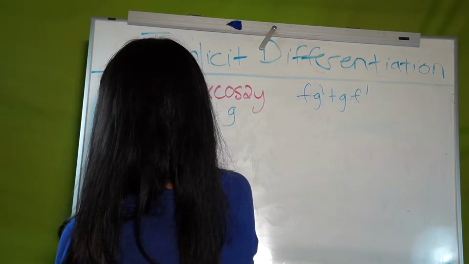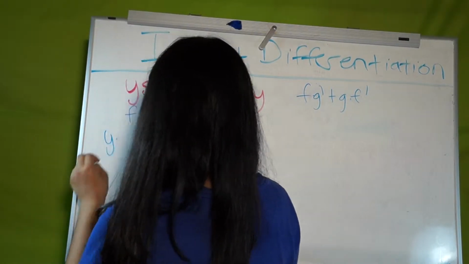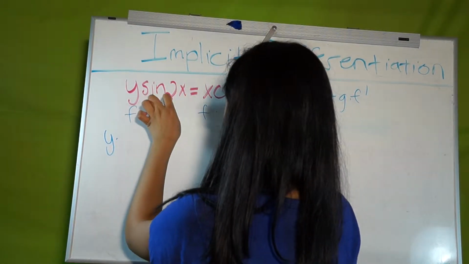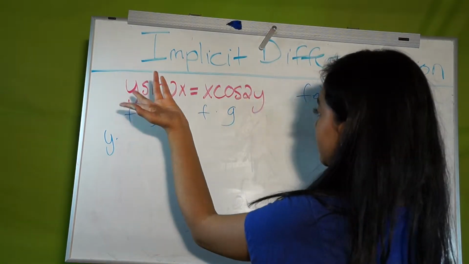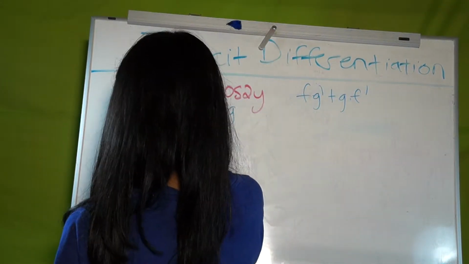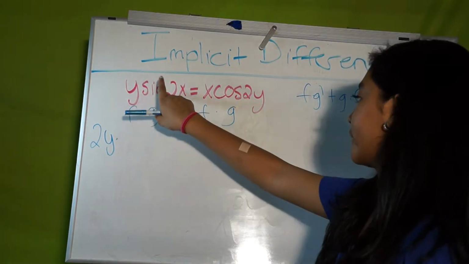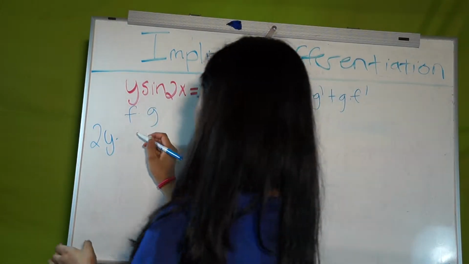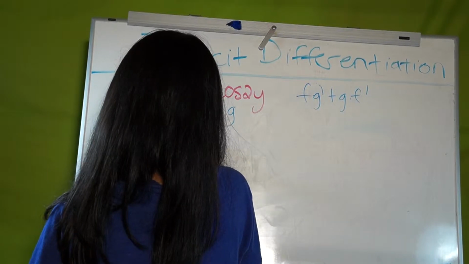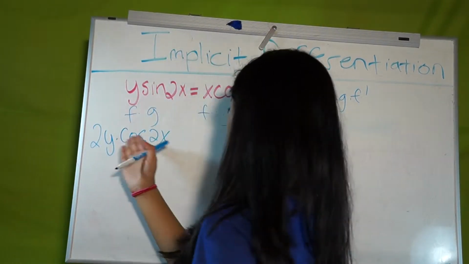So it'll be y times the derivative of what's on the inside, which is just 2, so 2 comes out, you can put 2y, and then the derivative of the outer, which is just cosine 2x. See?